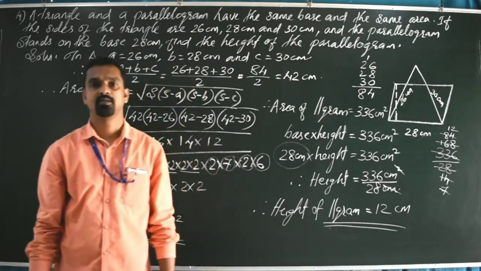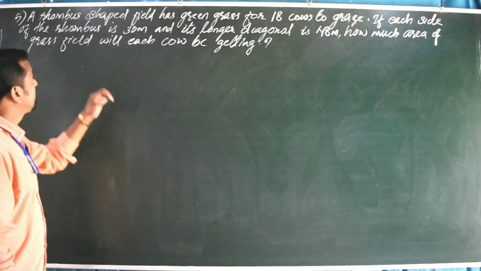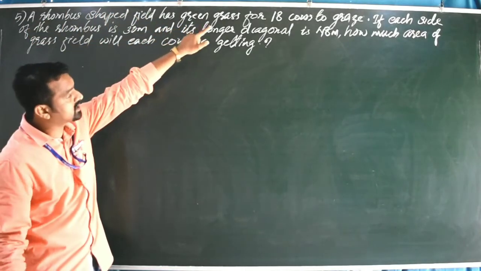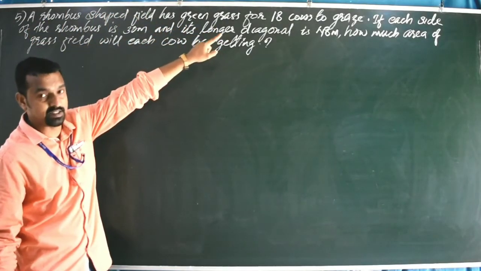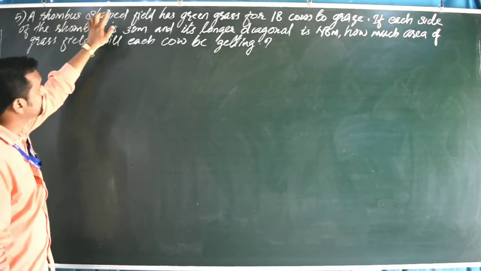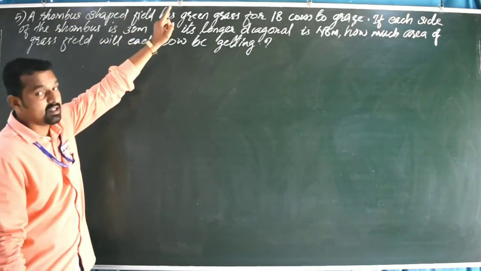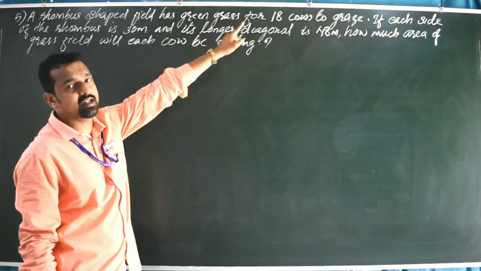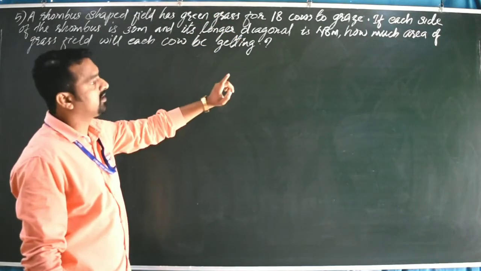Okay, now question number 5. A rhombus shaped field has green grass for 18 cows to graze. A rhombus shaped field is there. It has green grass and 18 cows can graze from that field.